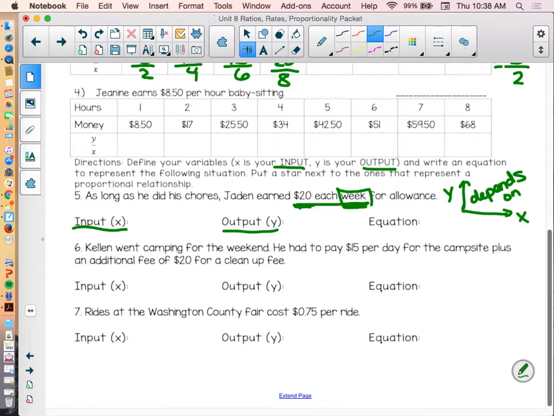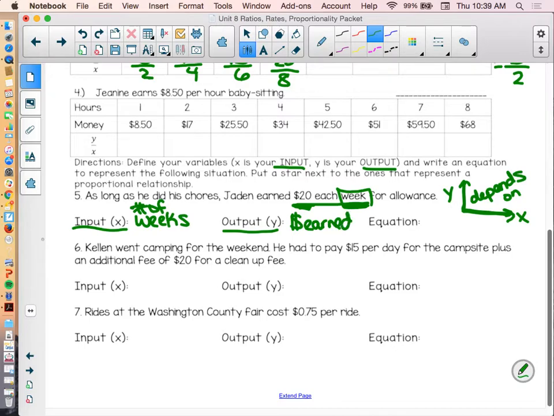And now, I don't know about you, but my time doesn't depend on how much I make. So time should almost always be the x value. The dollars depends on the time. So therefore, input is going to be the weeks, that time, number of weeks, and the output, the y, is going to be the dollars earned.